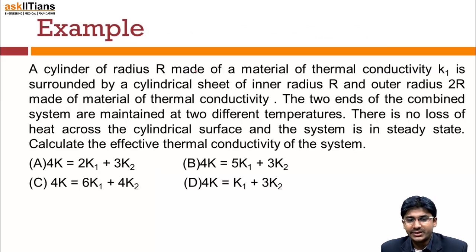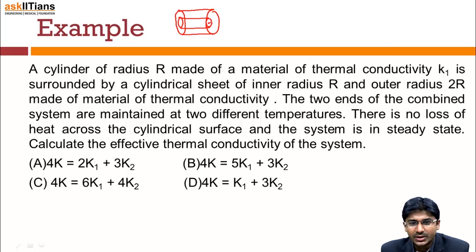A cylinder of radius R made of a material of thermal conductivity K1 is surrounded by a cylindrical sheet of inner radius R and outer radius 2R. So you have this, and then it is surrounded by this of radius 2R.